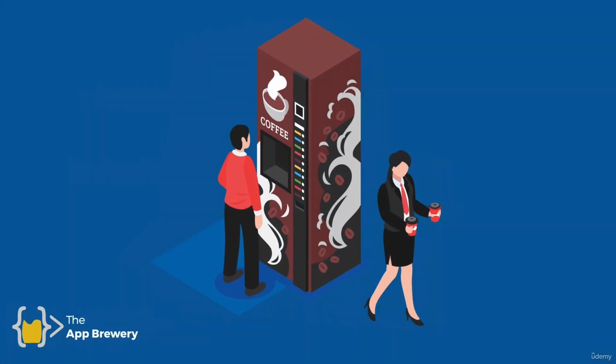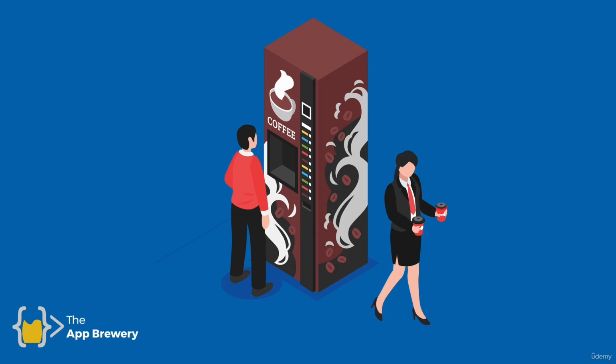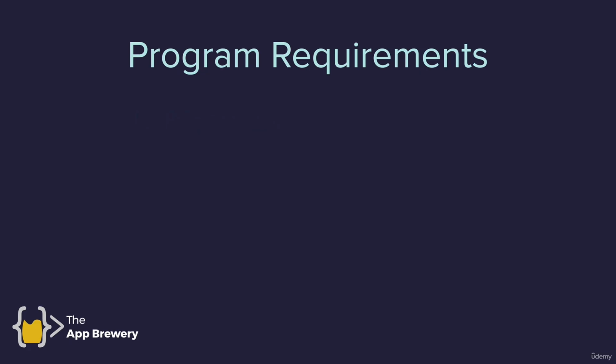Coming back to a problem that we've already solved, creating that coffee machine with all of the program requirements, it's time to put our object-oriented programming knowledge to the test, because we're going to be making an OOP version of our coffee machine. The program still has the same requirements as before.